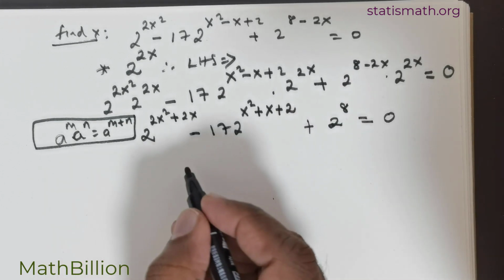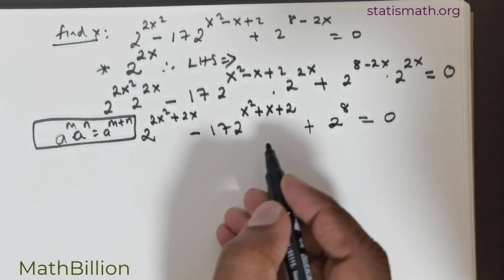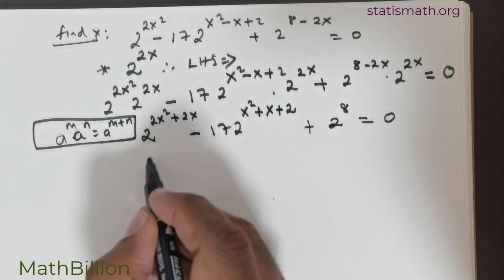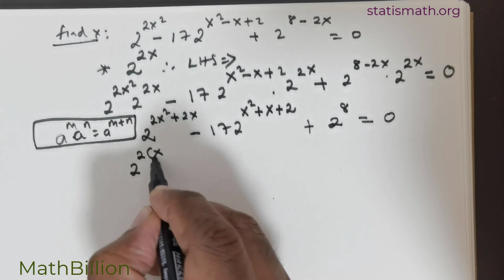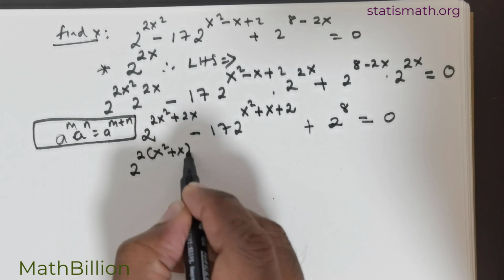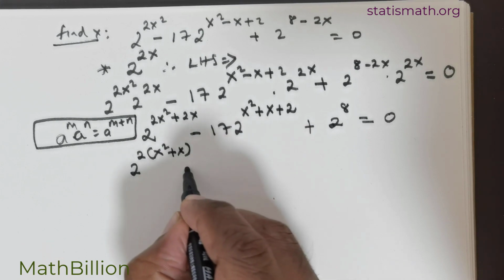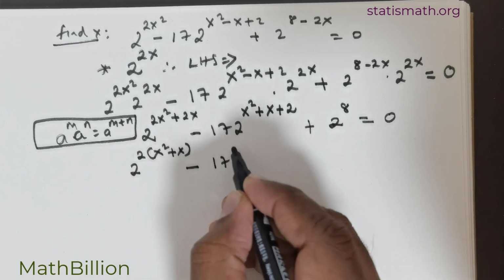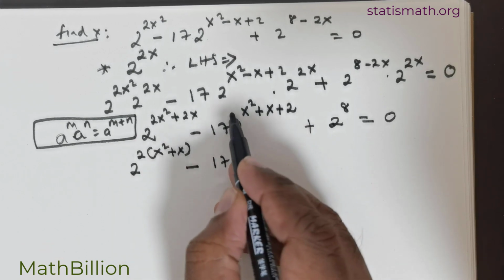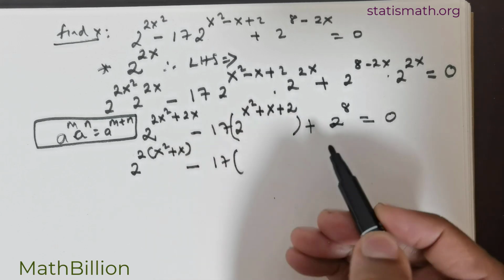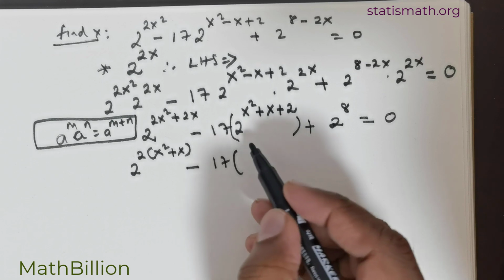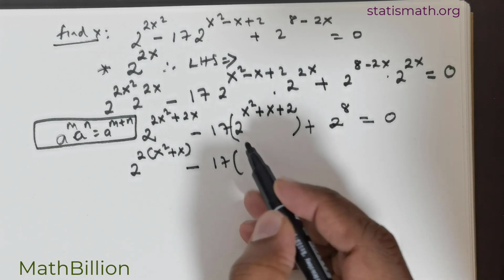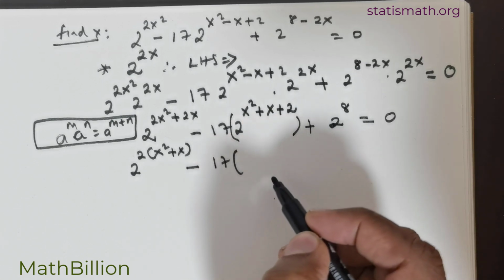Now I would like to rewrite this as 2^(2(x² + x)), followed by negative 17 times, let me place a parenthesis. I don't want to place a dot here because it might be a little bit misleading, so that's the reason I avoided placing a dot in between.